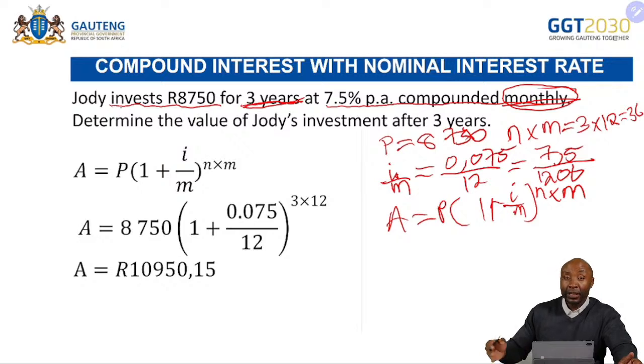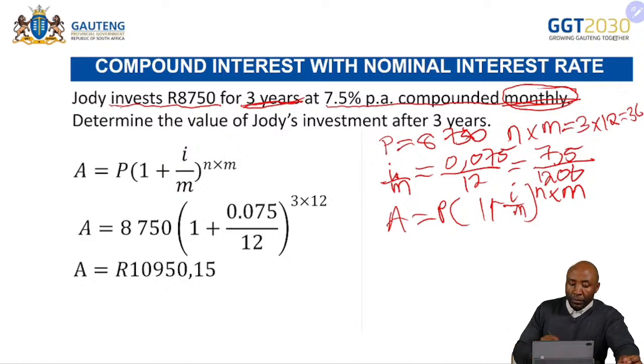Every month interest is awarded. At the end of the month, whatever we have as our principal amount is the one that is going to become the principal amount for the next month, and so on and so on. And that will give us our solution as such.